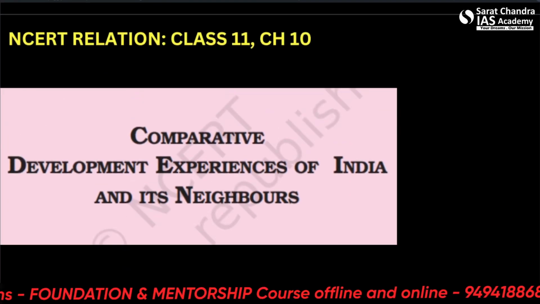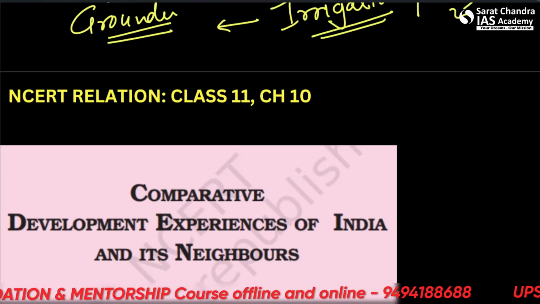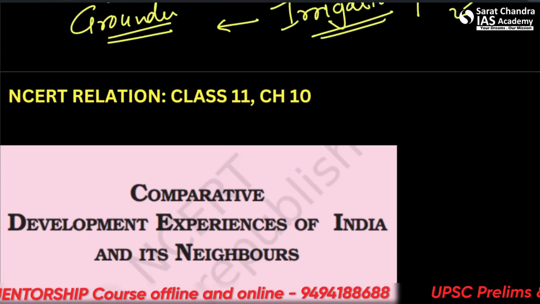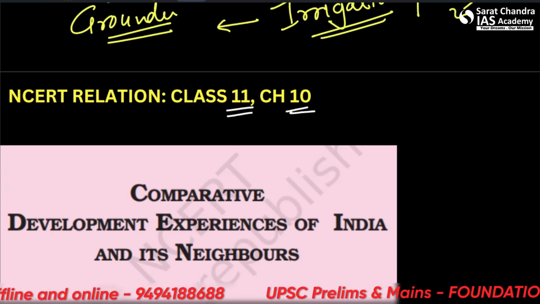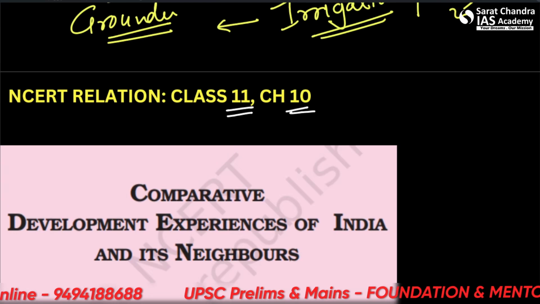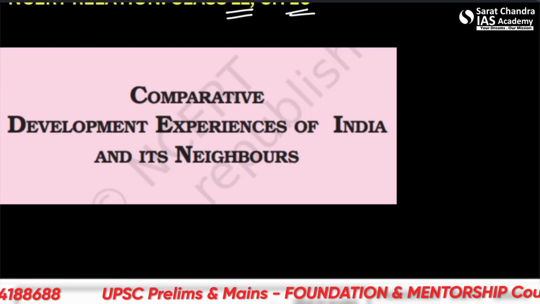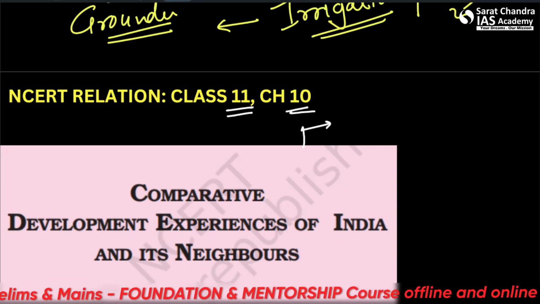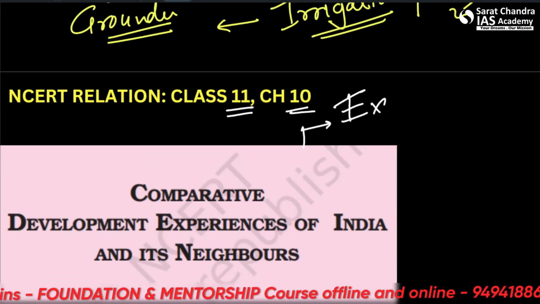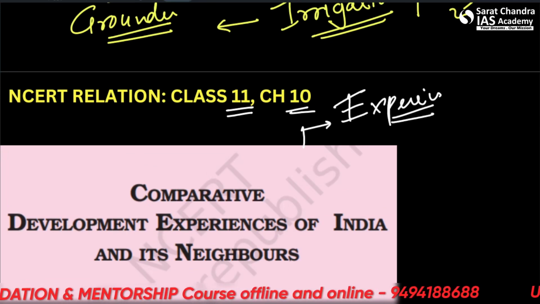Okay, so let's now come to the chapter from where it has been asked. So the chapter is class 11th, chapter 10 of the NCERT geography: comparative development experiences of India and its neighbors. So it is talking about the development experiences. Experiences means past to present.